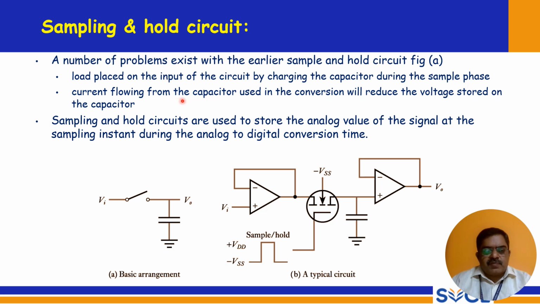So current flowing from the capacitor used in the conversion will reduce the voltage stored in the capacitor. So that is the problem. Sample and hold circuits are used to store the analog value of the signal at the sampling instant during the analog to digital conversion time. So this is the improved circuit from this circuit.